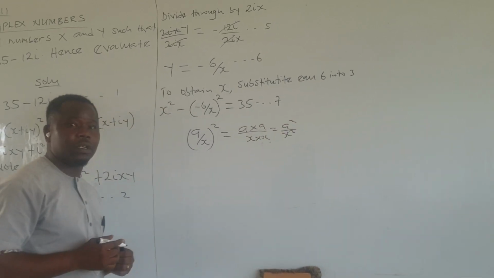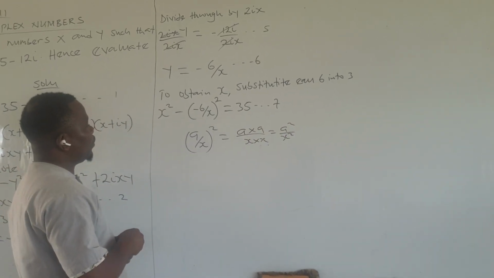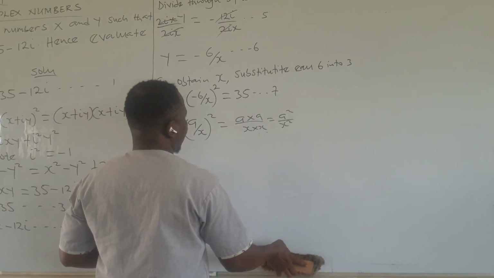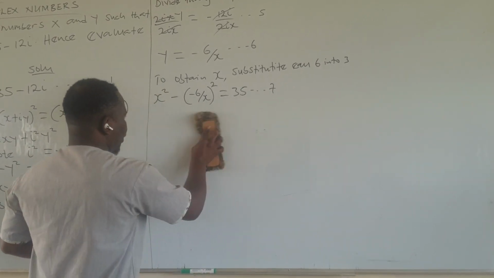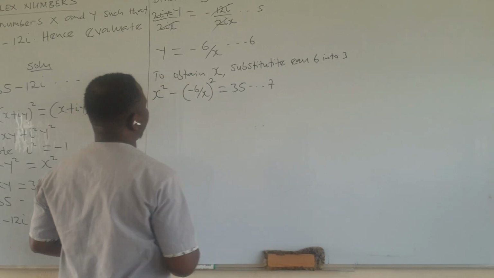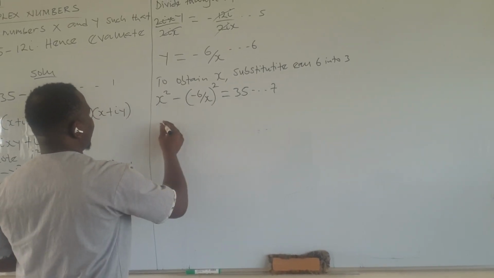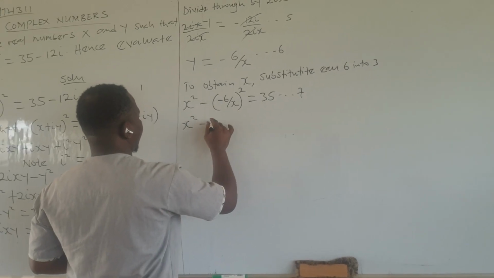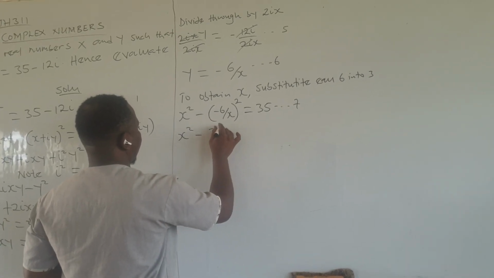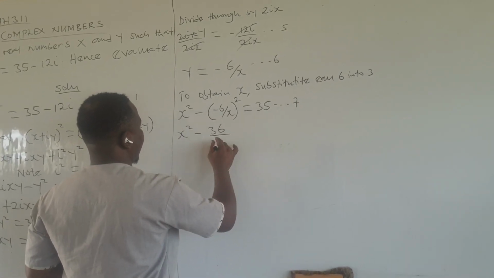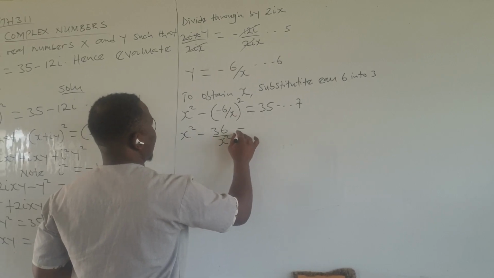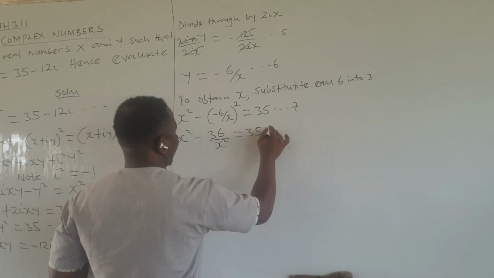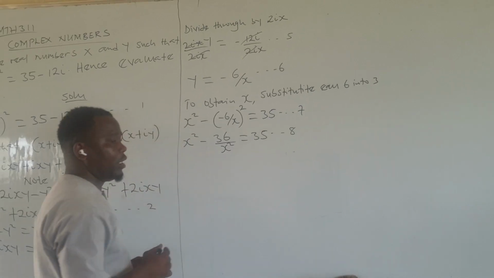True or false? Okay, so if you agree with me, you don't need a prophet to tell you. Here will give us x squared minus 6 times minus 6, which will give us 36 all over x times x squared equals to 35. This is equation 8.